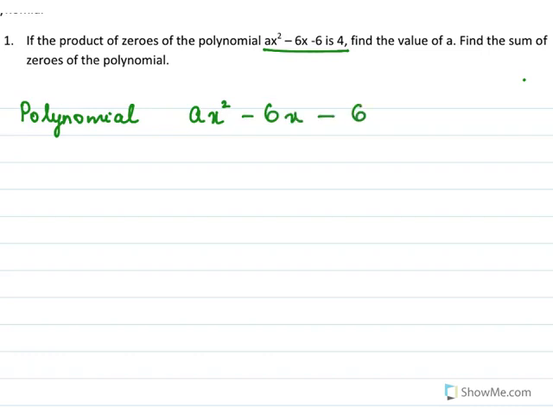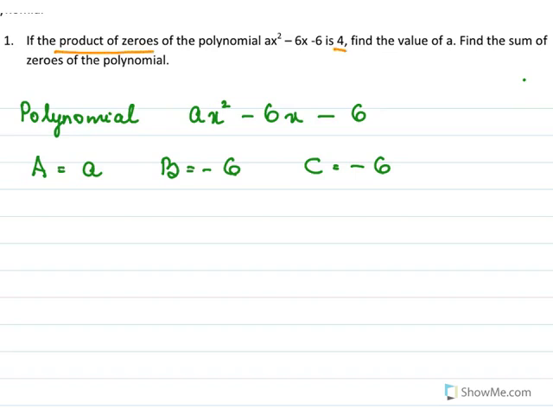Let's write down its coefficients. First, the coefficient of x square is a. This is the coefficient of x, so b equal to minus 6, and this is c equal to minus 6 too.